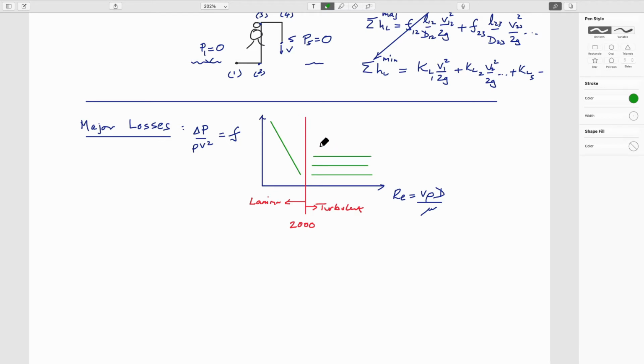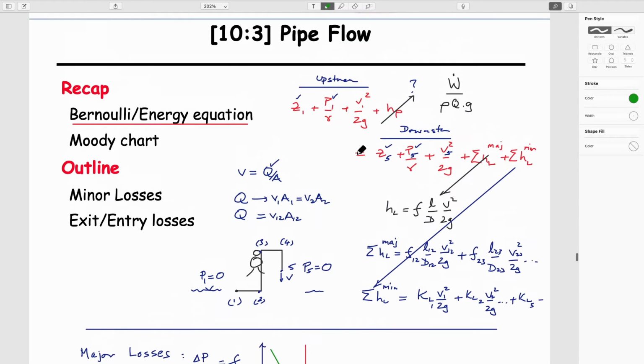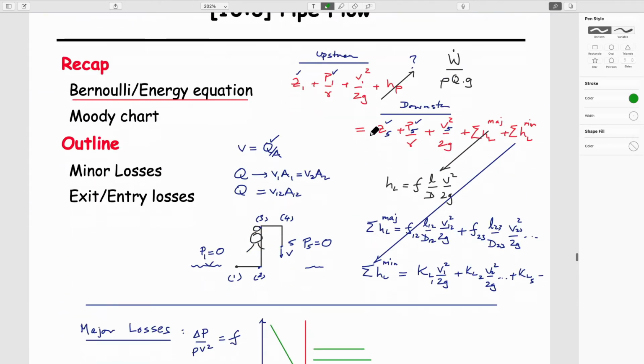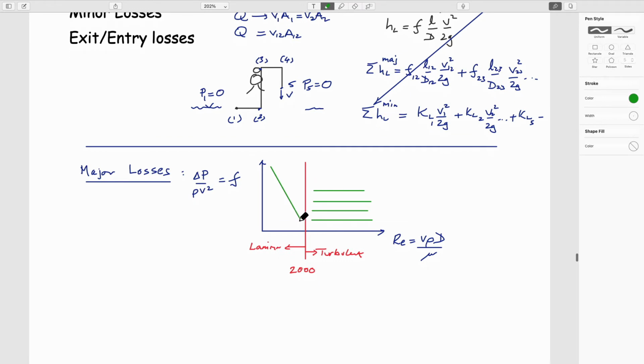And so we have all these lines, which are these things here, if we simplify it anyway. And I guess there is kind of a no man's land, no person's land in between, where it goes from laminar to turbulent, but let's not worry about that. And these are indexed in terms of roughness, so big roughness at the top and little roughness at the bottom.